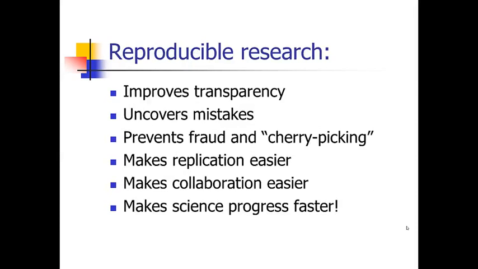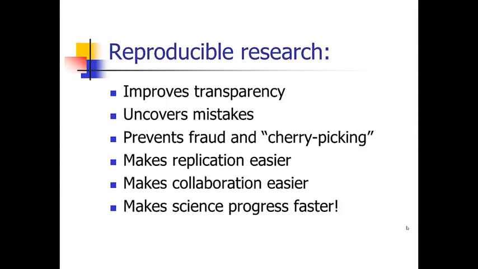And certainly it has a lot of benefits. It improves transparency, and it uncovers mistakes such as those in the Duke case. It prevents fraud. It prevents cherry picking, which is the idea that researchers will sometimes look at a particular part of their data, but not look at the totality of their data, and pick out just the data that supports their hypotheses. Reproducible research, of course, makes replication easier.